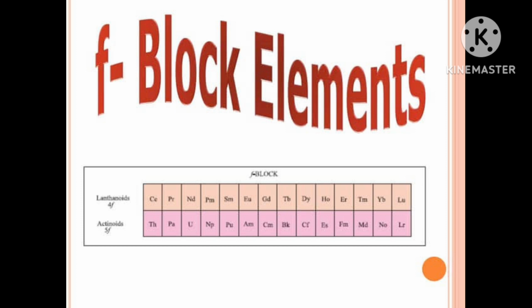The term La is for lanthanum, and generally lanthanoids are represented by the general symbol Ln. So Ln 3+ compounds are found on a large scale, they are the predominant species.